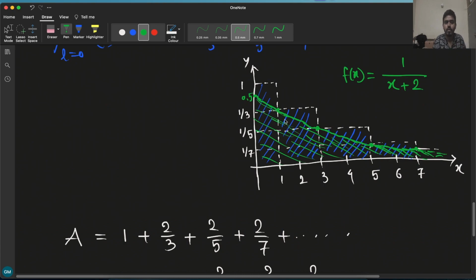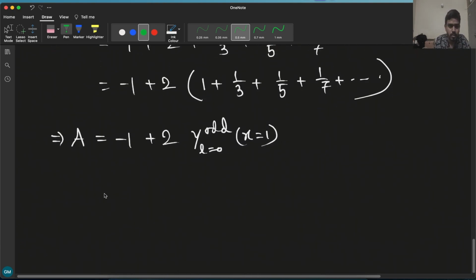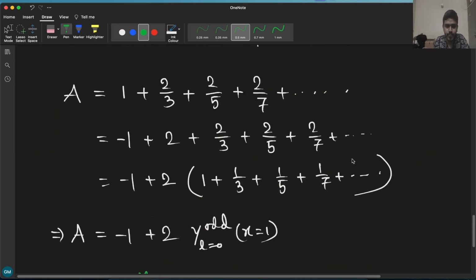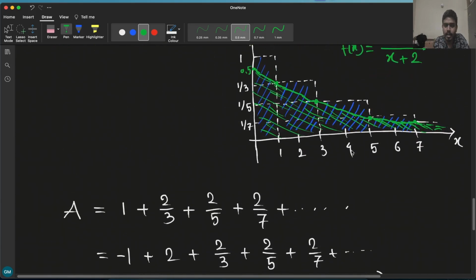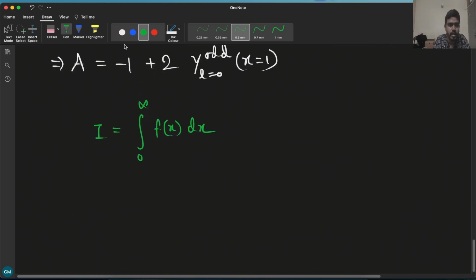So the area under the curve is I, which is the integration from 0 to infinity of f(x) dx, right? Let's see what the area under this curve is.